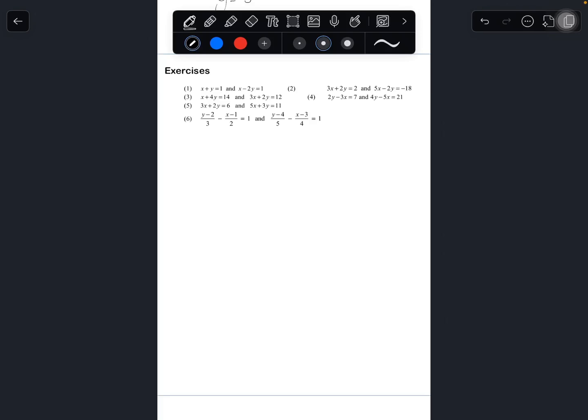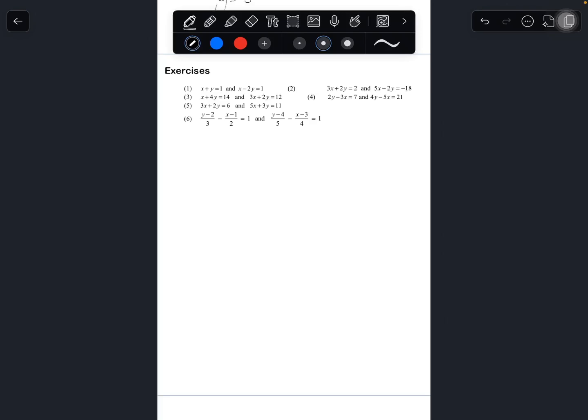When looking at this now, we have x plus y equals 1 and x minus 2y equals 1. We can see that the x has a coefficient of 1 and the other x has a coefficient of 1, so they can cancel each other out. So I will use the elimination method in a case like this.